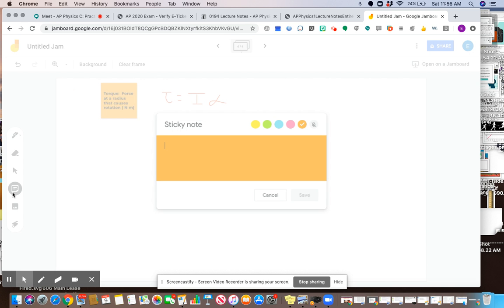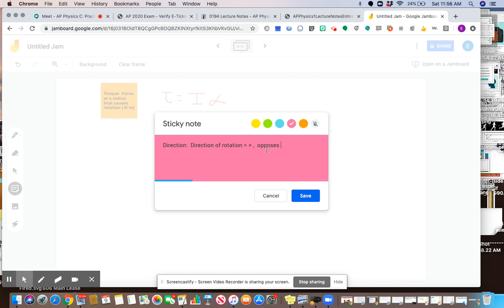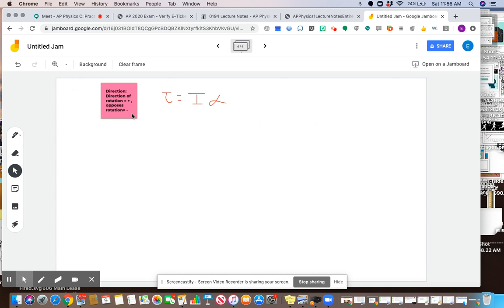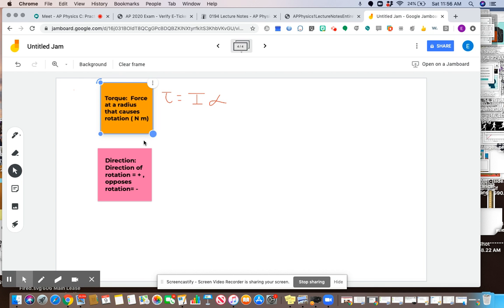When we assign direction, if the force is in the direction of rotation, we assume that it's positive, with the torque rather.